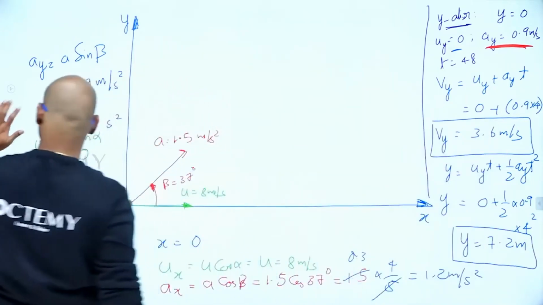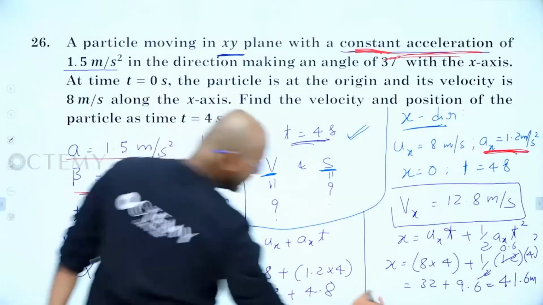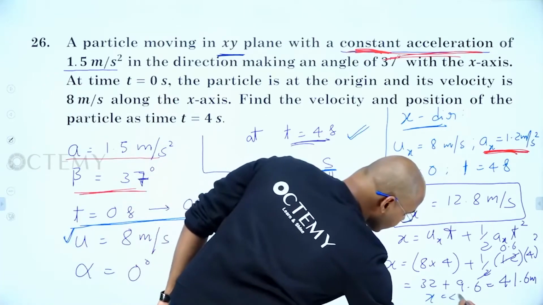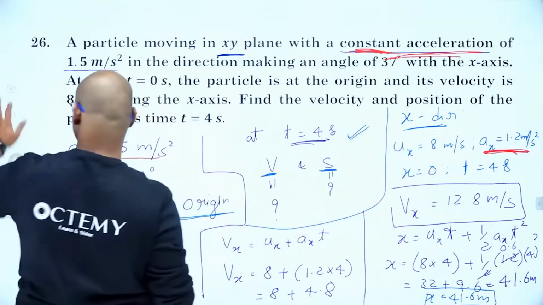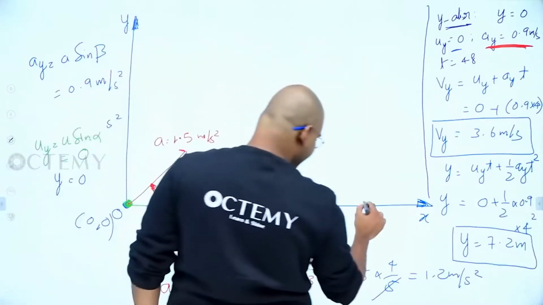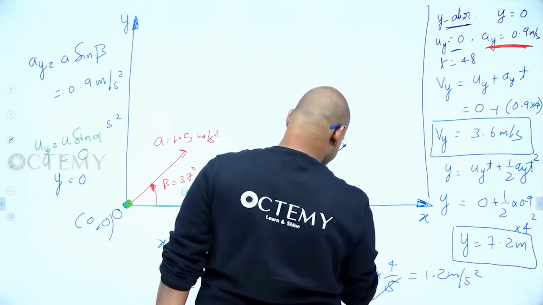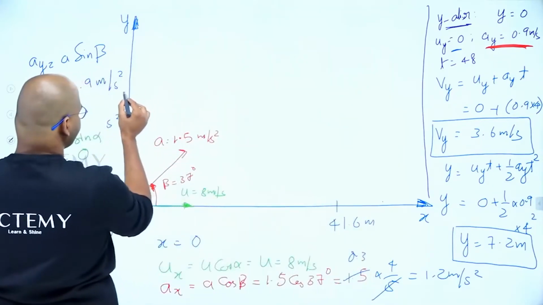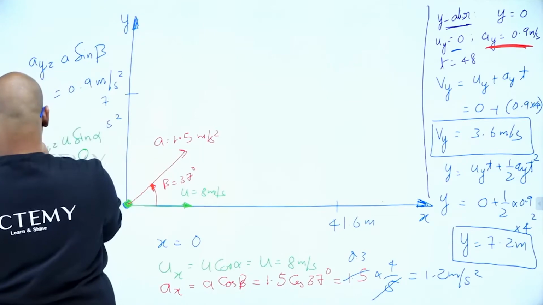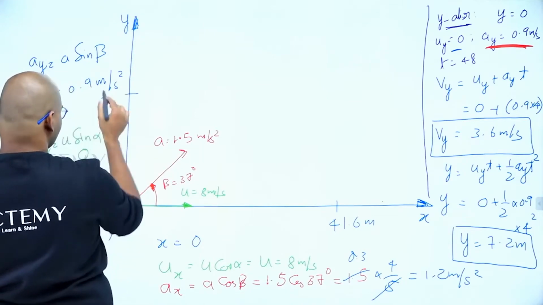So what we got is the final position. It is at x equal to 41.6 meters. So finally, let us say somewhere here is my 41.6 meters in x, somewhere here is my 7.2. Don't worry about the scale, sir.